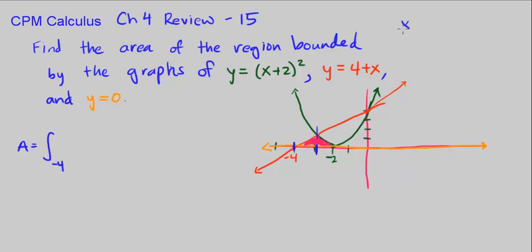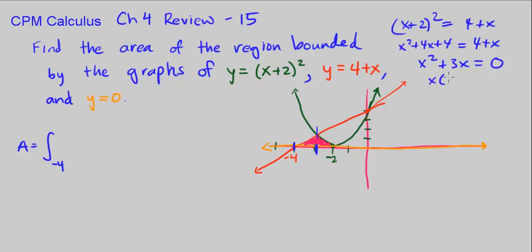That's also where (x plus 2) squared equals 4 plus x. So what you could do is square this. That's x squared plus 4x plus 4 equals 4 plus x. Go ahead and move these terms to the left. So it's x squared plus 3x equals 0. And then we can just solve for x.